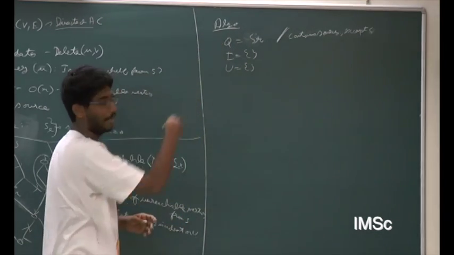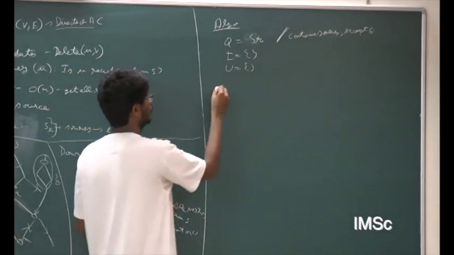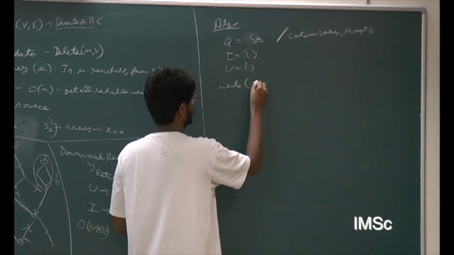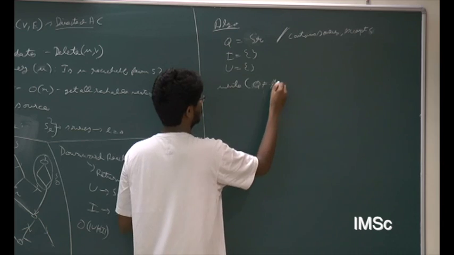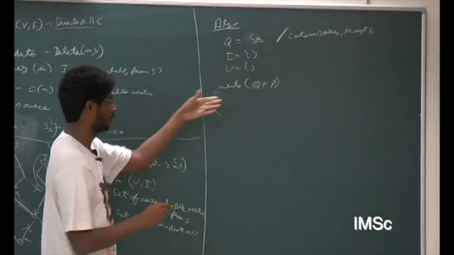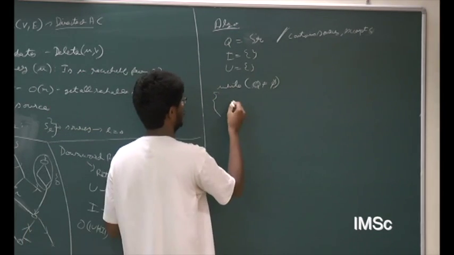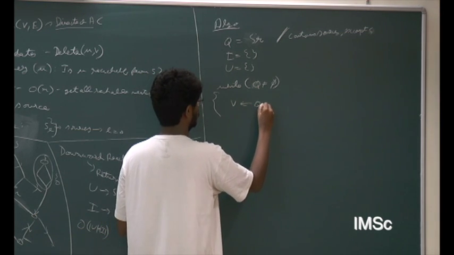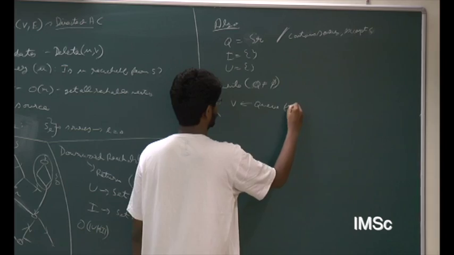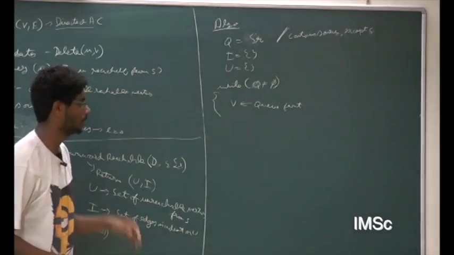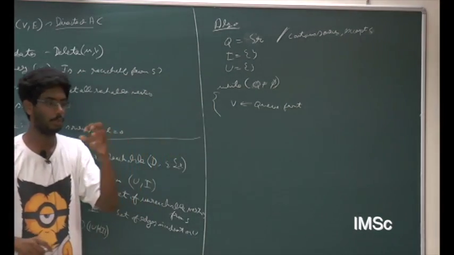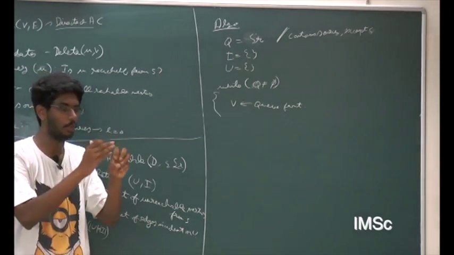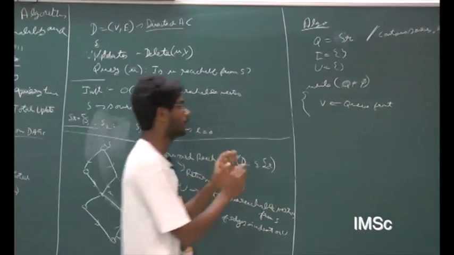Now you loop over every element of Q. While Q is not empty, take the first element from Q. Let that be, I don't know, V. Now you know that V is a source. So this should be added to U. As simple as that.